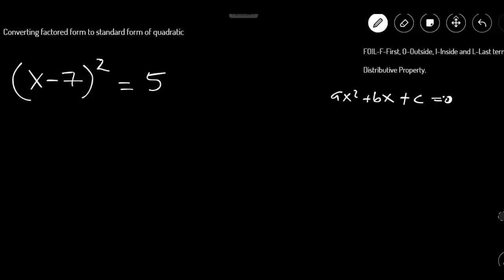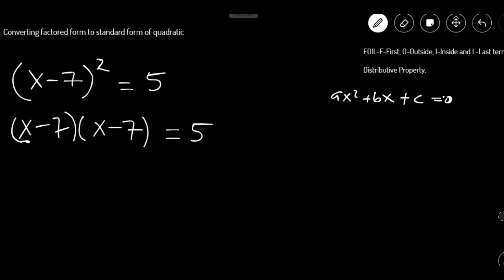Okay, so let's look at this last example. We have x minus 7 all squared equals to 5, and they want us to convert this one to a standard form. So here, x minus 7 all squared, we are going to write it repeatedly, and it equals to 5 here.